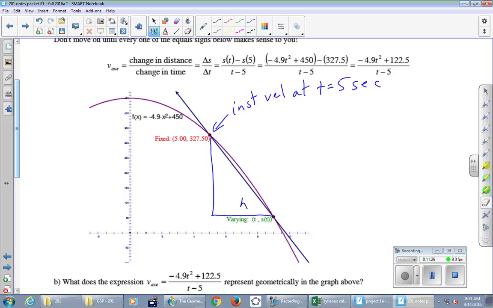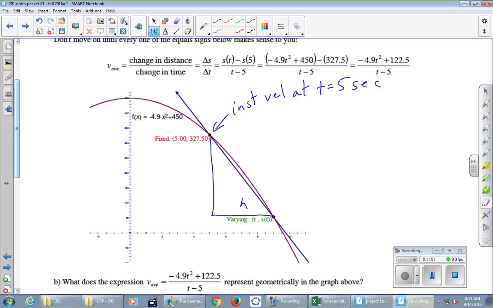That was a big part of this activity. And so what did we do? Well, we took the point at 5 seconds and we fixed it. And then we took this other point here, it was green, and we found the slope of the line connecting the 2 points on the curve. Secant line. And the slope of that secant line wasn't instantaneous velocity, it was average velocity between 5 and wherever this green point was.